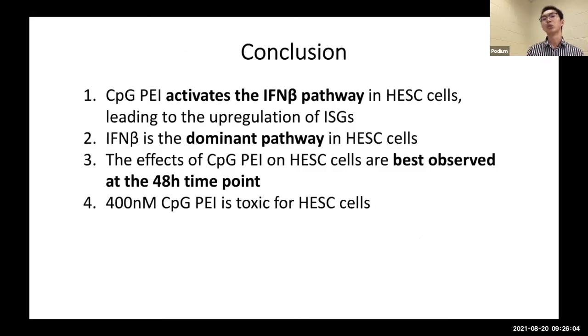Our conclusion is that 400 nanomolar CpG-PEI is toxic for the cells, as we saw in the pictures. We were able to validate our hypothesis that interferon beta is the dominant pathway in HESC cells. We also know that the effects of CpG-PEI on HESC cells are best observed at the 48 hour time point.